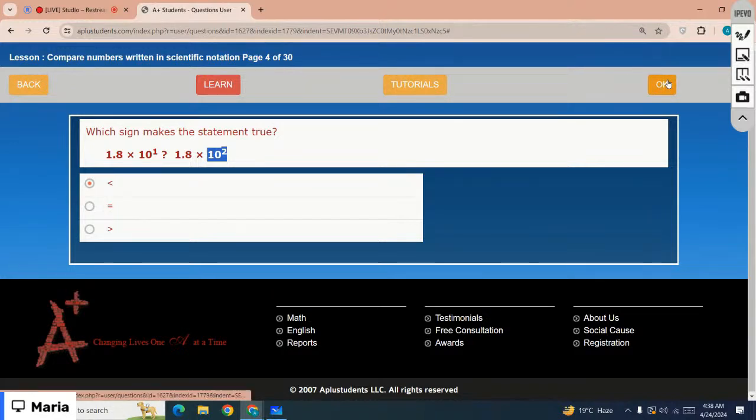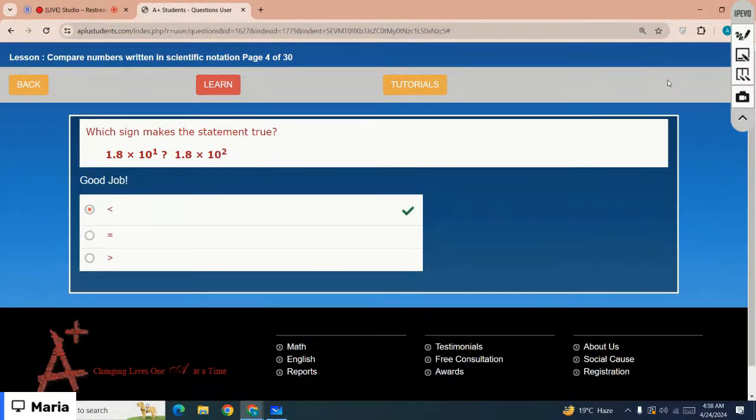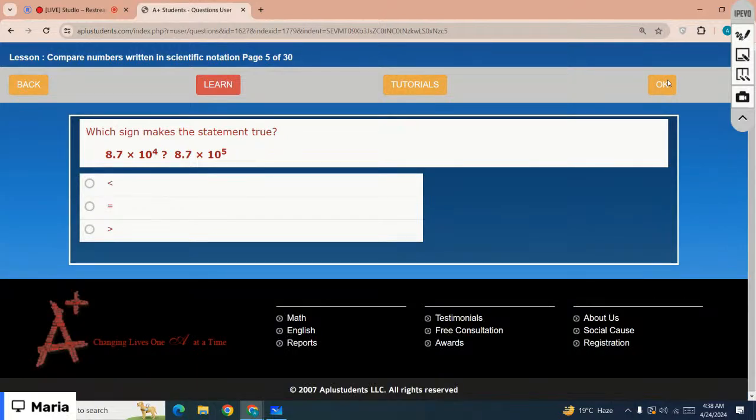Okay, the next one is, which sign makes the statement true? 8.7 times 10 exponent 4, you have to compare it to 8.7 times 10 exponent 5.